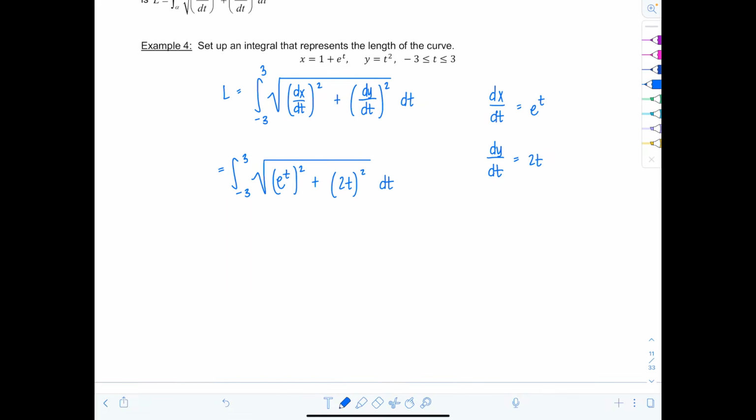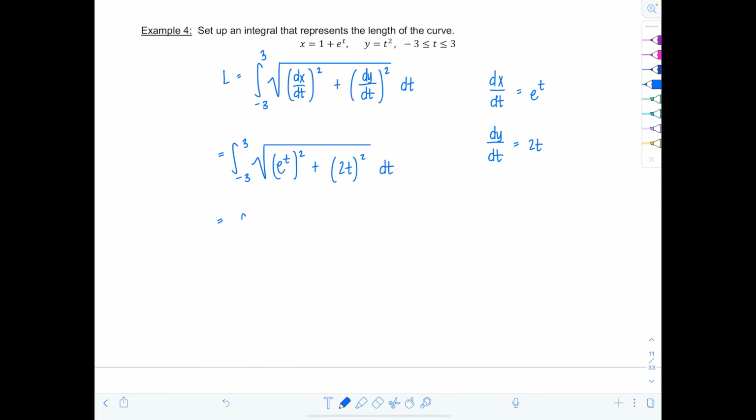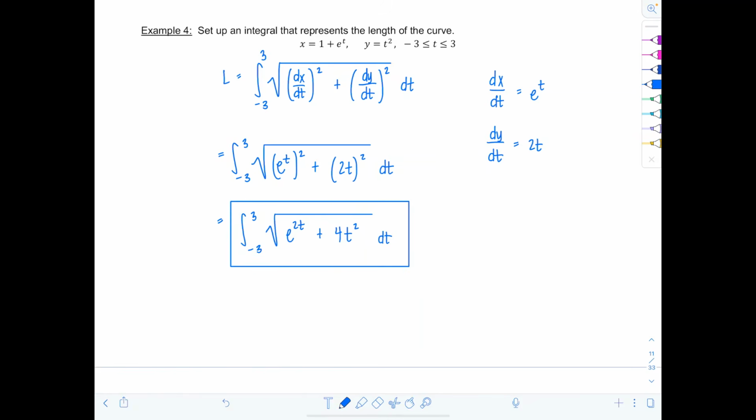And then let's just clean that up a smidge more. So we have the integral from -3 to 3, square root of e to the 2t plus 4t squared dt. Voila. And oh my goodness, you guys, do you realize we're asked to only set it up because we couldn't integrate this? How sad.